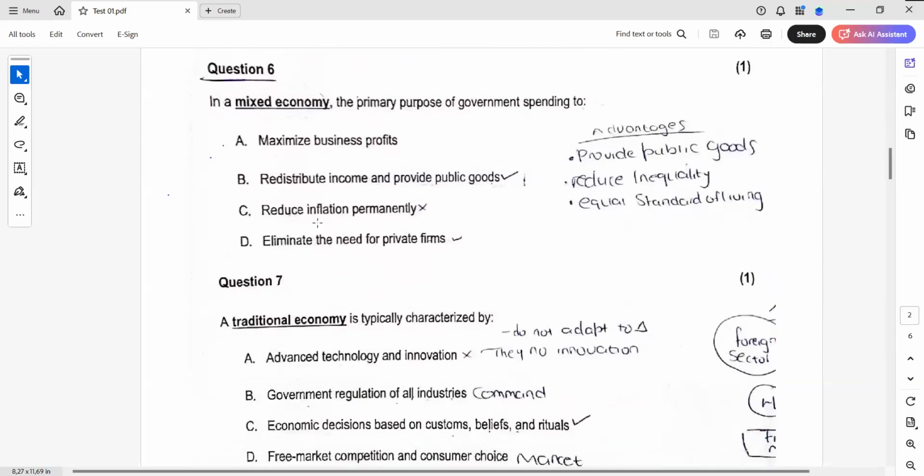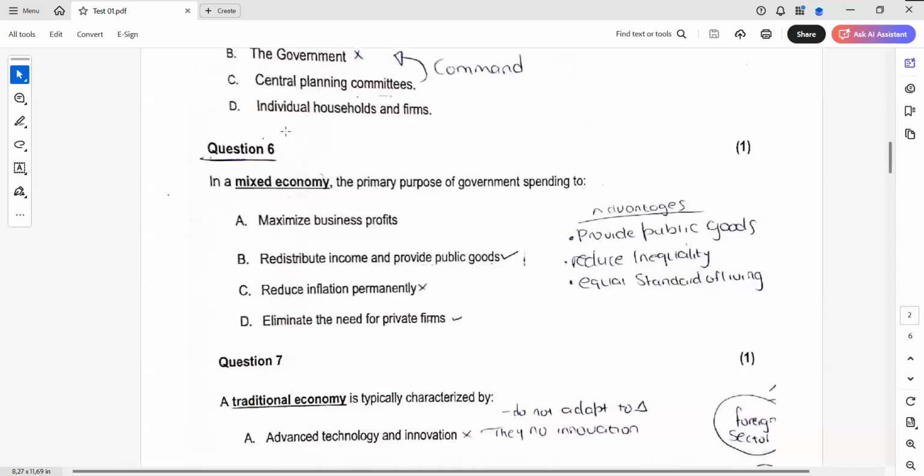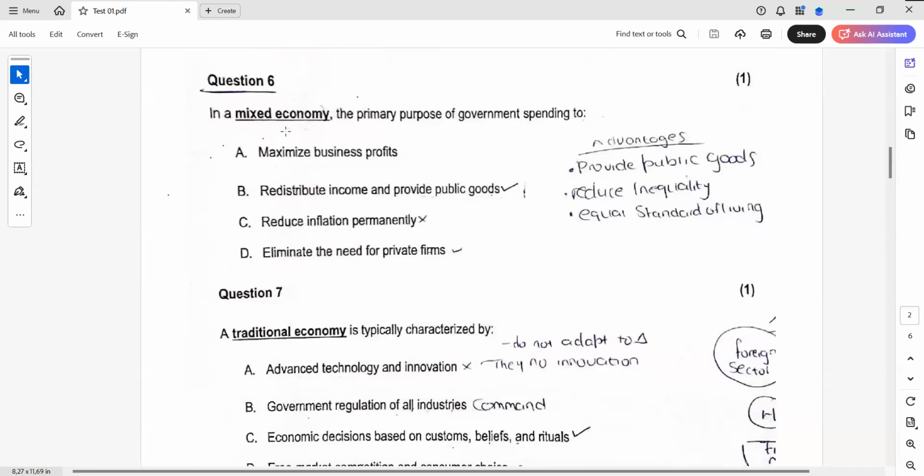Then question 6 is saying that in a mixed economy, excuse me, the primary purpose of the government spending is to. So you know that the mixed economy is a mixture of the centrally planned economy as well as the free market economy.